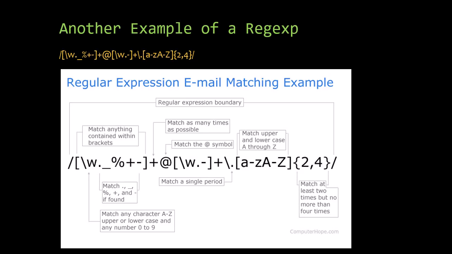Then we have allowances here for periods and underscores and percents and pluses and so forth, all the way to the end, where you have curly brackets saying you need to match this at least 2 times but no more than 4 times. So this is an email matching example to show you the power of regular expressions.